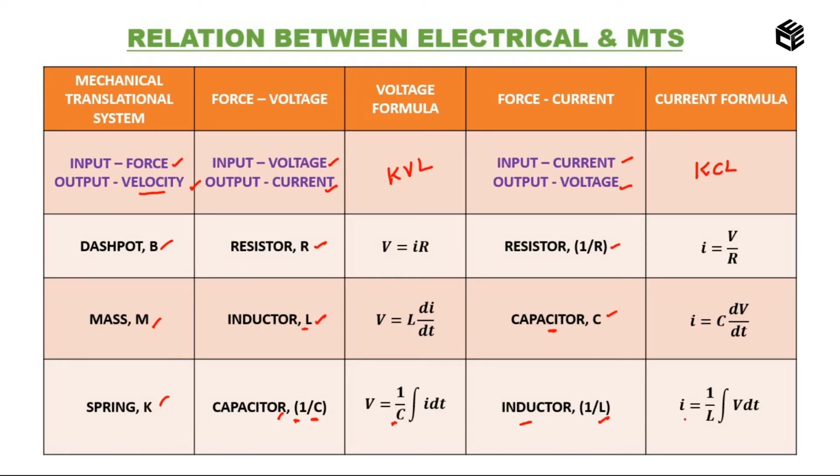And for inductor, I = 1/L ∫ V dt. Now you might have understood why we have written 1/R here, and the inductor is written as 1/L. Understood? Please learn all these voltage and current formulas, which is very necessary to solve the problem.